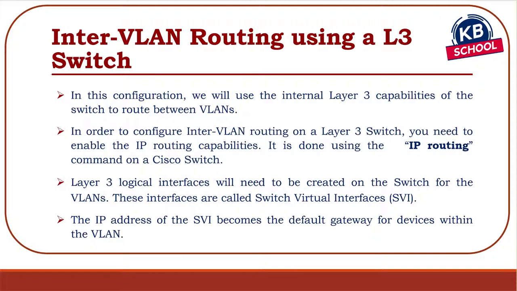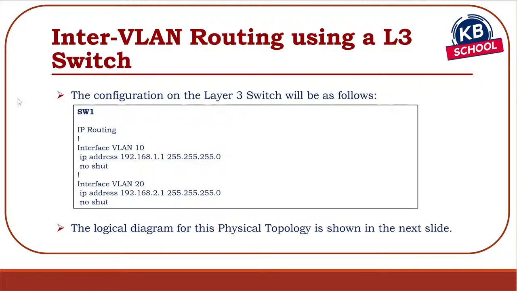Now, how do I do it? Very simple config. First, I would turn on the routing capability of the switch. Then I'll create the two SVIs, one for VLAN 10 with the IP address that is going to be the default gateway for all the devices within that VLAN, and then another SVI for VLAN 20. Got it?